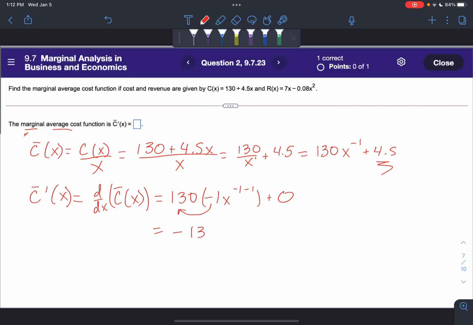It's all the same. And I get x to the minus 2. And then you can also bring that x to the minus 2 back down to the denominator and make the power positive. These two are equivalent. All right, and so we just found our marginal average cost function, one of these two.